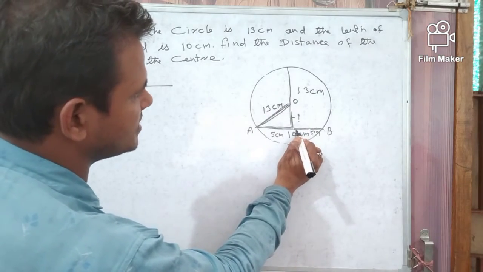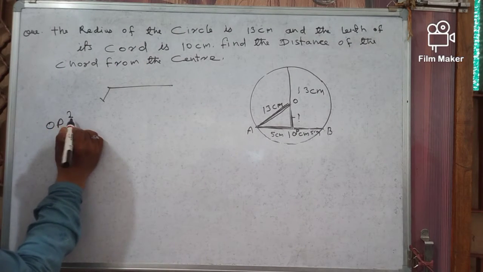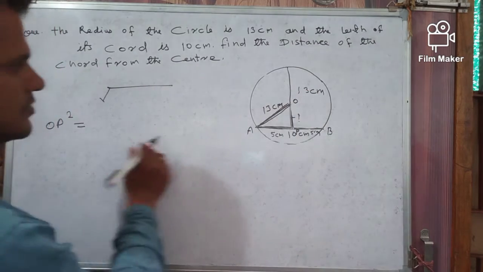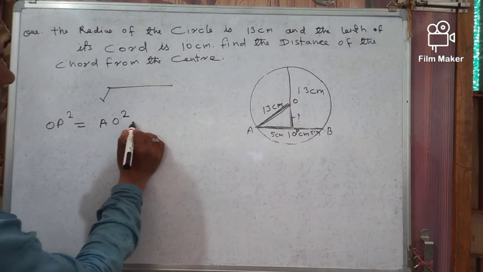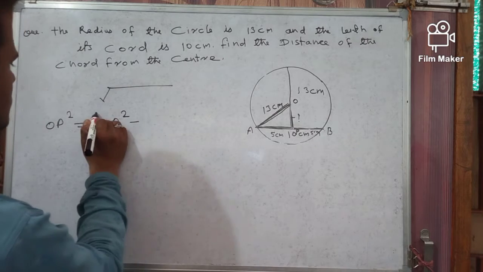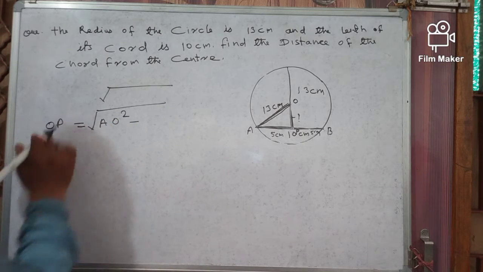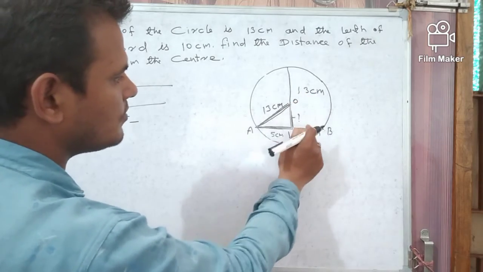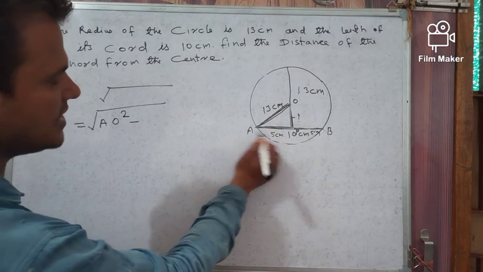Suppose this is P. So OP square is equal to AO square minus AP square.